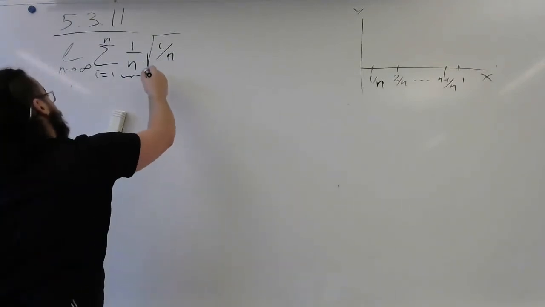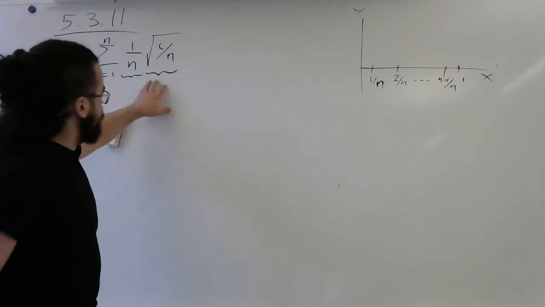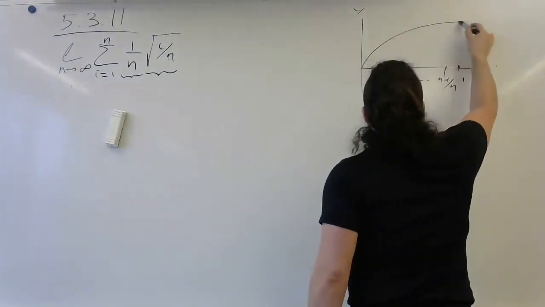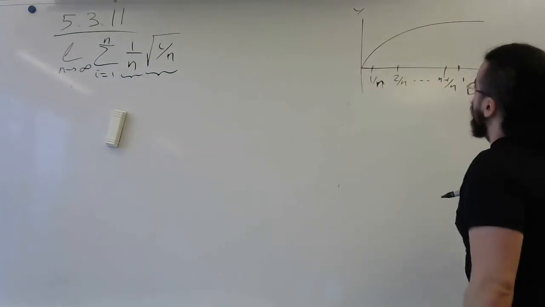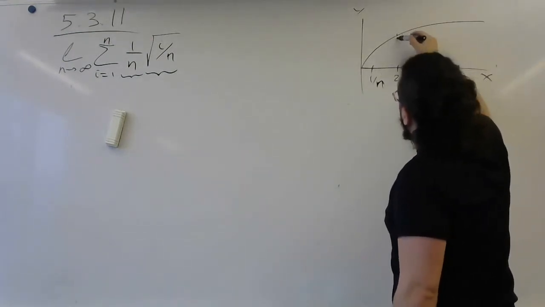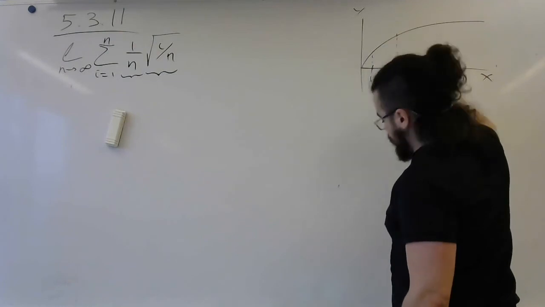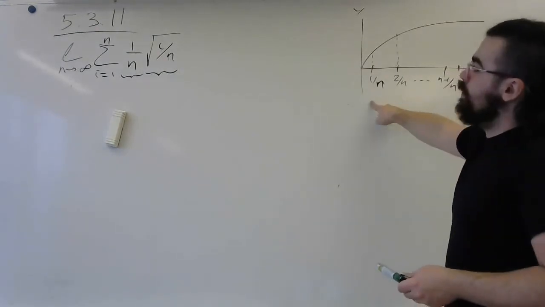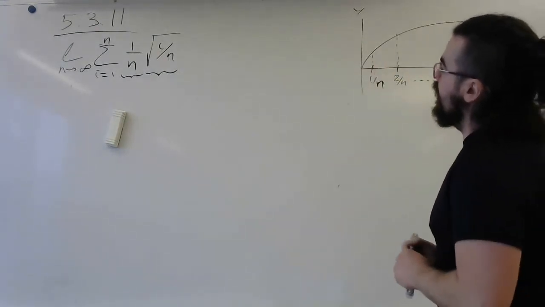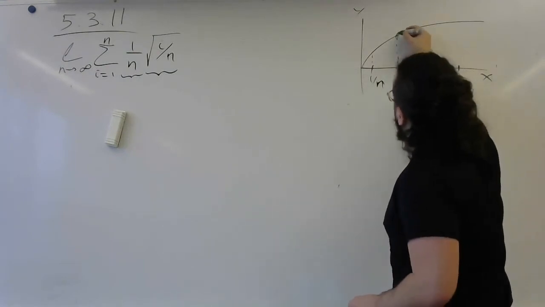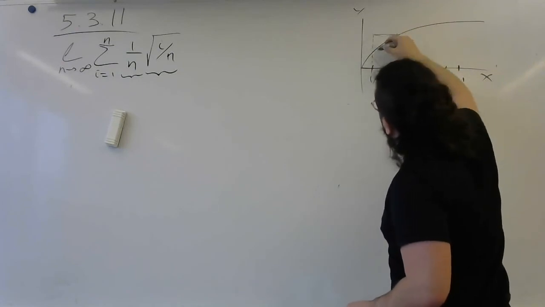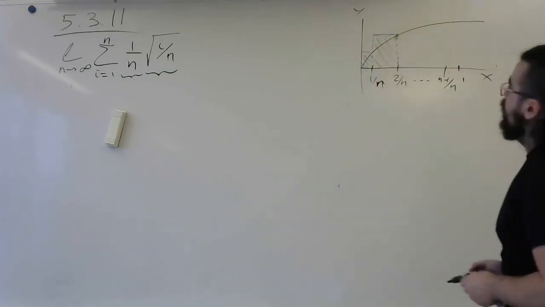And here, if we see this as rectangles, that's the image of the point i. So in the ith part of the partition, we are taking the image at i over n. So we are dealing with something like that.